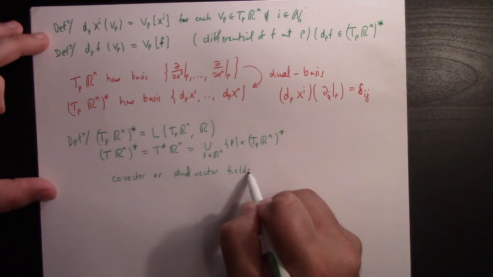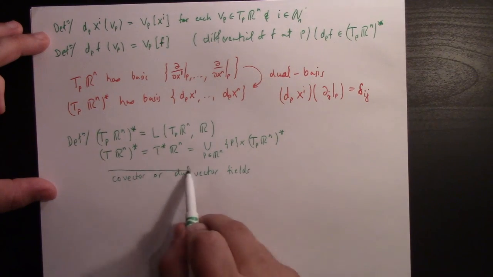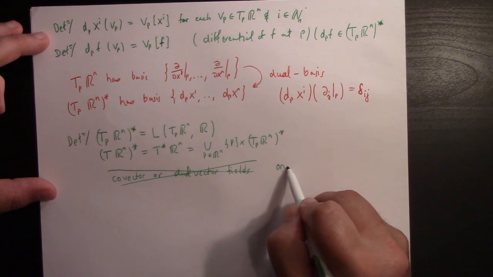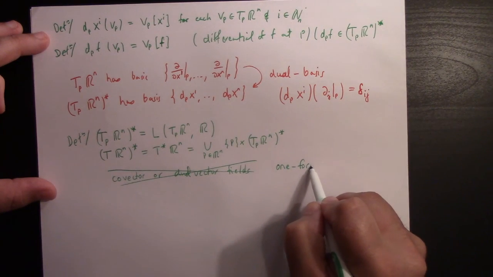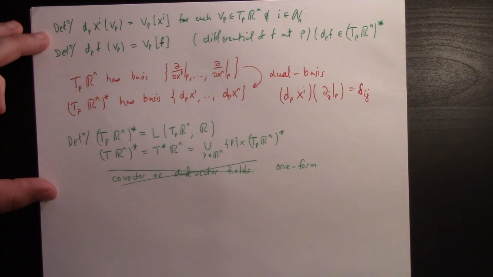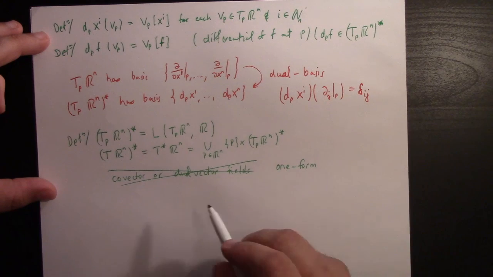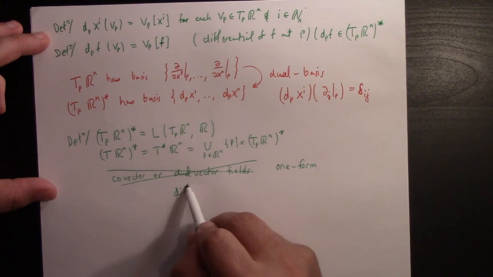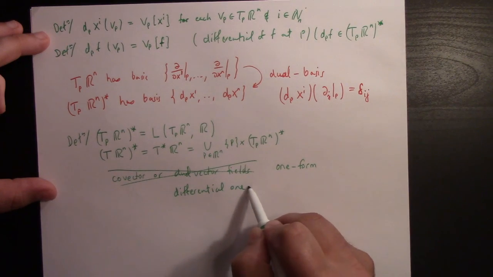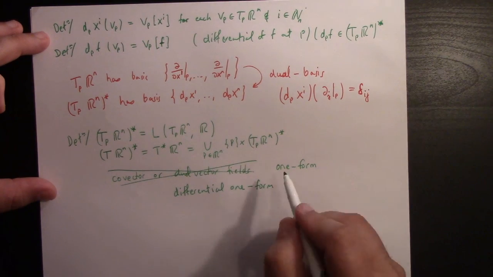Those would be the natural terms to me. Instead, we talk about one forms. A one form field would be the more natural term, but we don't say that. We say one form, or sometimes a differential one form.